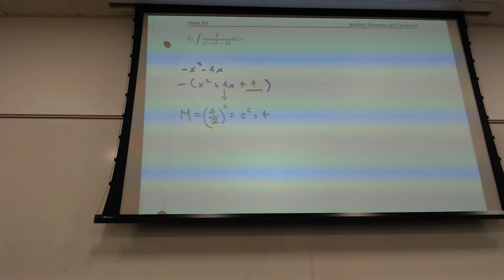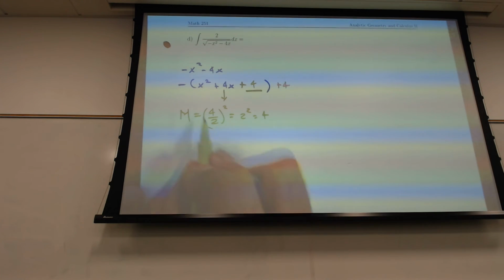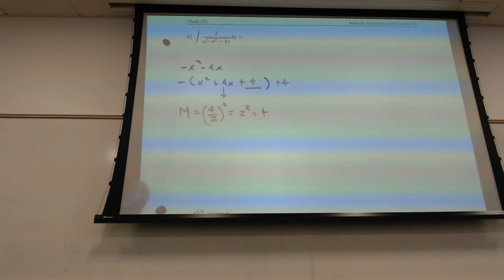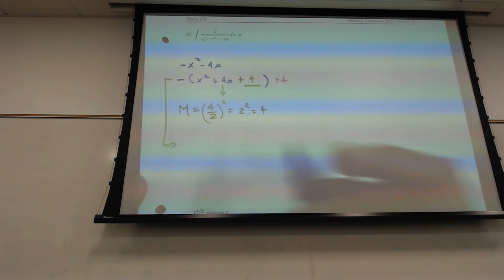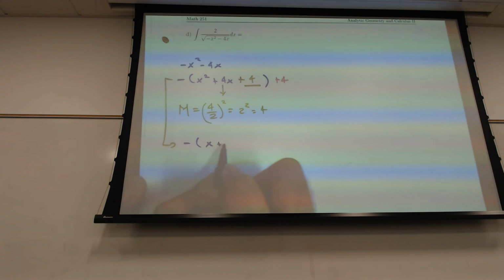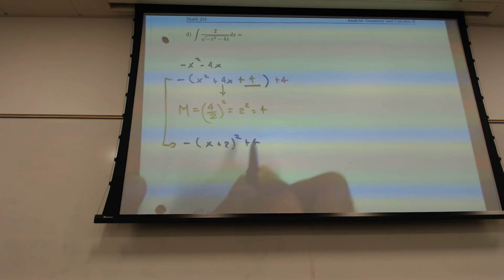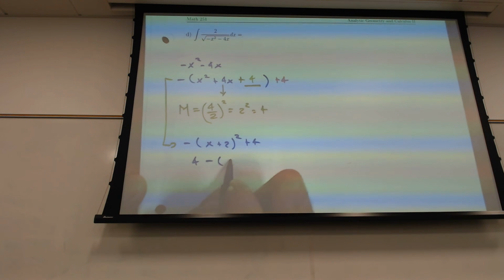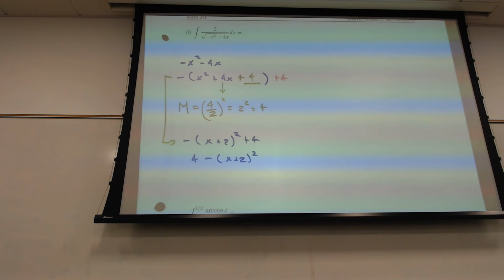Add a 4, right? Now the trinomial inside of the parentheses gets factored the following way: x plus 2 squared. And actually, let me write it as 4 minus x plus 2 squared. This is the expression that I'm going to take to the inside of the radical in the integral.